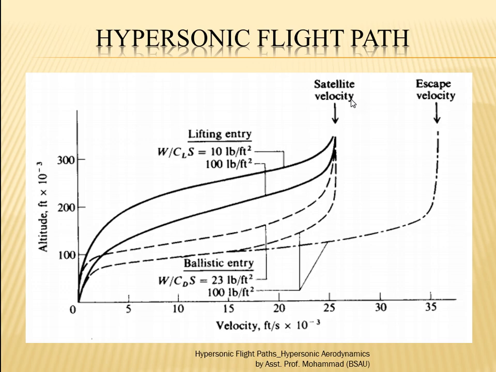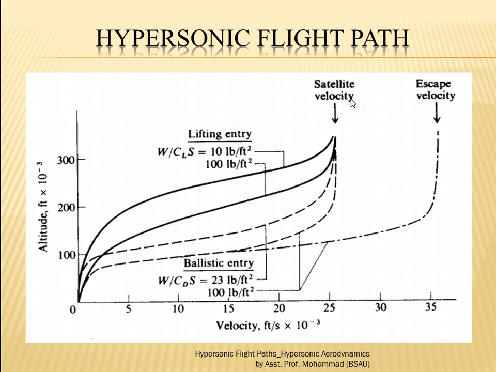When a satellite breaks out of orbit and starts entering the Earth's atmosphere and comes down toward the Earth, it will have that particular velocity because it was already going at that speed on orbit. So satellite velocity entry is the entry made by breaking down from the orbit and coming into the Earth's atmosphere.